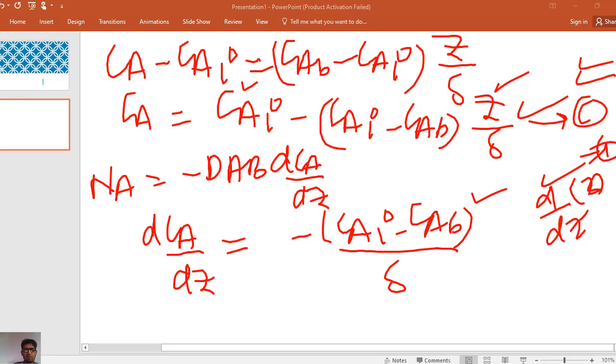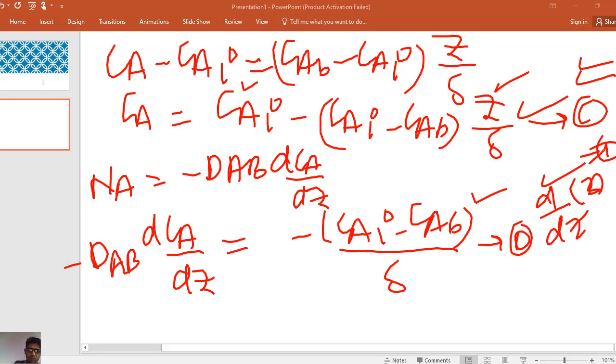Now multiply equation D by minus DAB, on this side and also on that side.